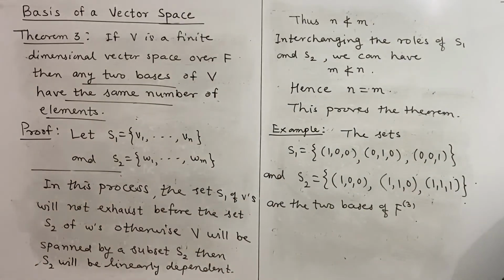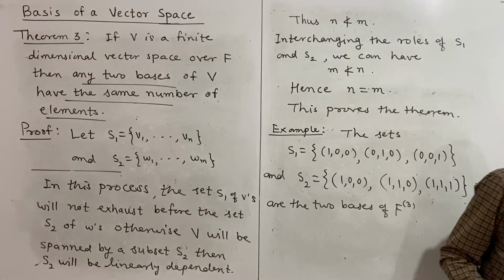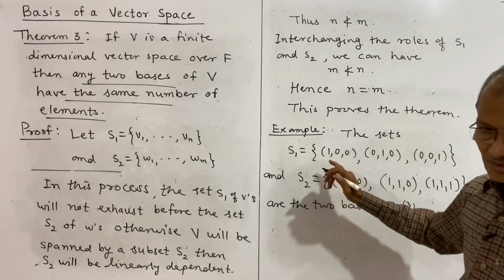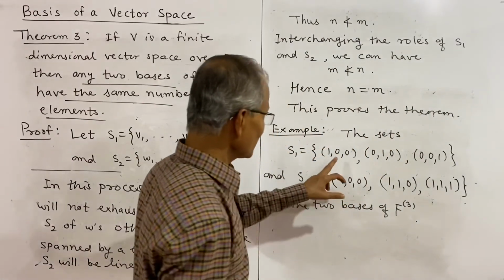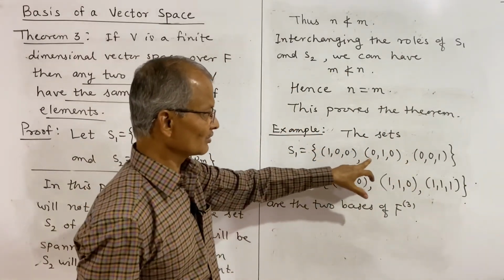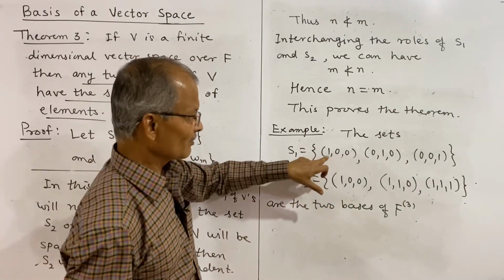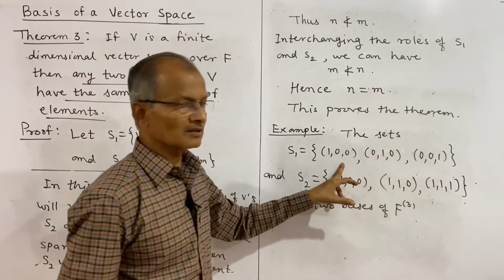Now see the number of elements in these two bases. S1 contains 1 2 3, the standard basis for F3, 1 0 0, 0 1 0, 0 0 1. Any vector in F3 can be written as a combination of these three vectors.